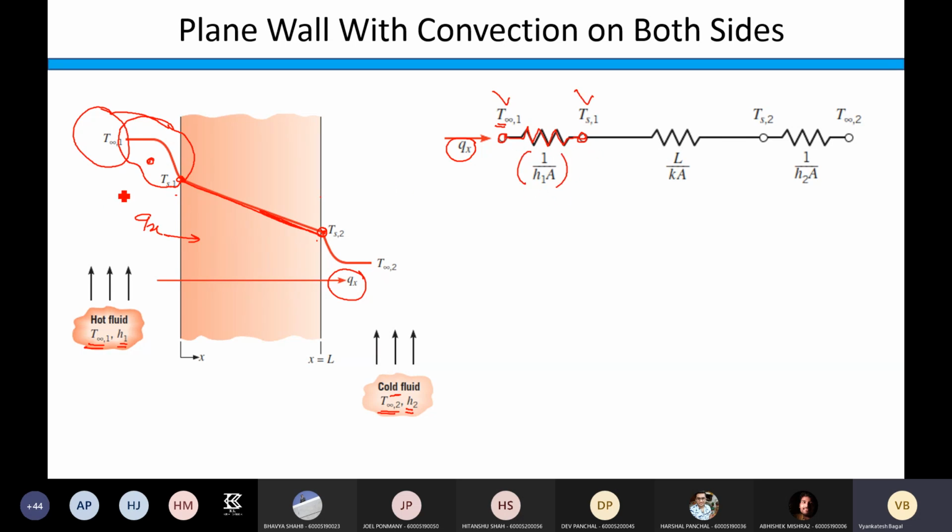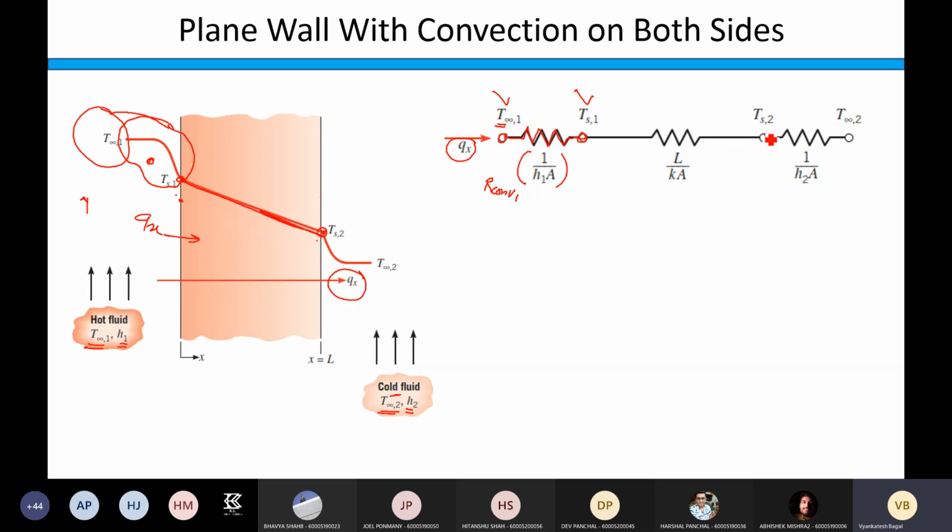Now what type of resistance is it? Convective type of resistance. So you can note it down as R convective, let us call it 1. So R convective 1 is given as 1 upon h1A. Now see, h is on side 1, so that's why h1A, right? Now you reached this point, correct? Now what is happening through the thickness of this slab is the conduction, right? And what is the driving potential for the conduction? It is Ts1 minus Ts2, the temperature difference, right?